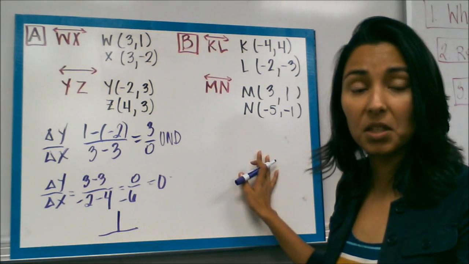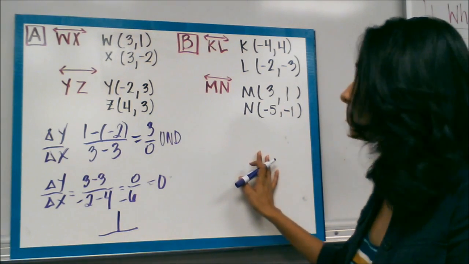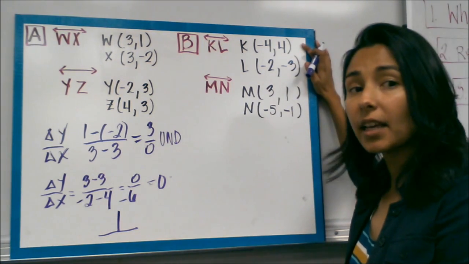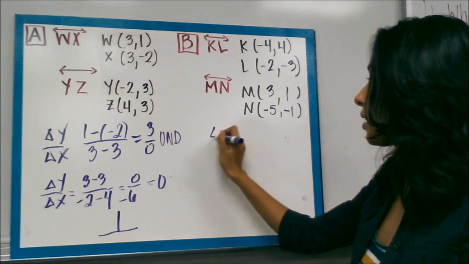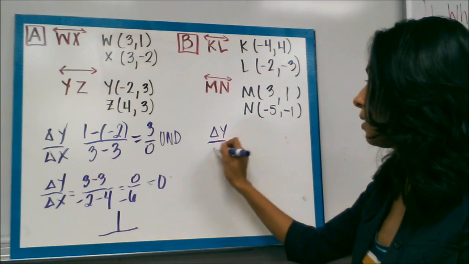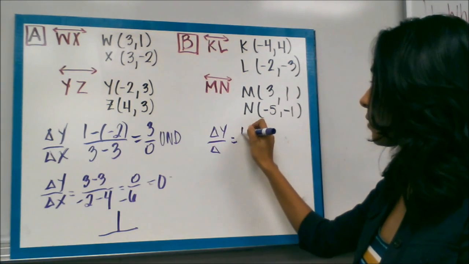Again, pause the video, work it out yourself, then come back and check to see if you got the right answer. I have line KL and line MN. Same thing, I need to find delta Y over delta X. My change in Y values, I'm going to start from the top down.